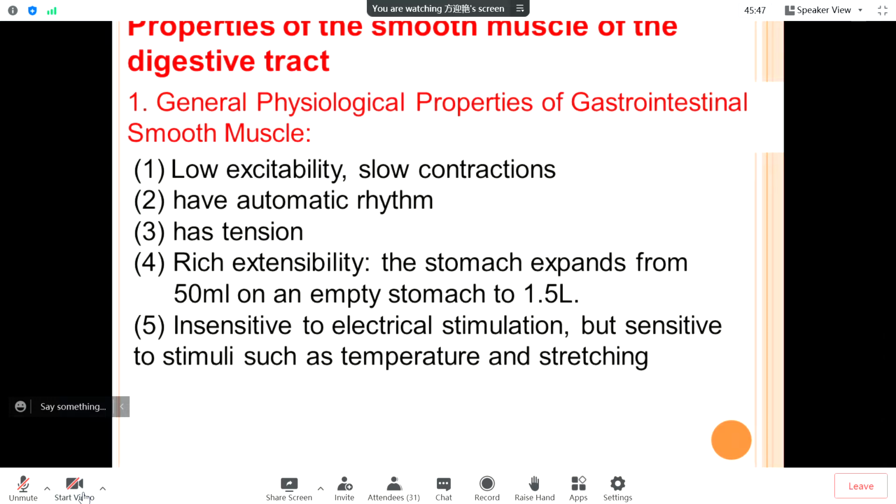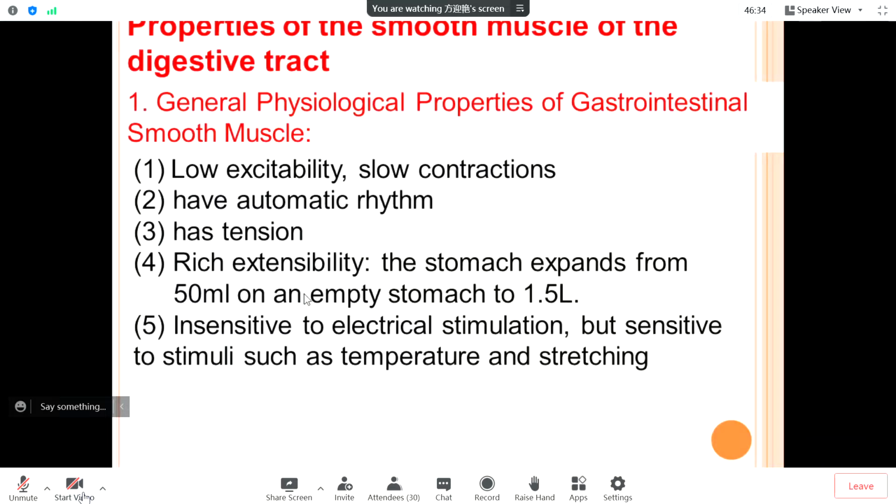It also has tension, which means the gastrointestinal smooth muscle, like the stomach or the intestine in the abdomen, has a rich extensibility. For example, the stomach on an empty stomach is about 40 milliliters, and when full it can reach 1.5 liters, about 30 times.